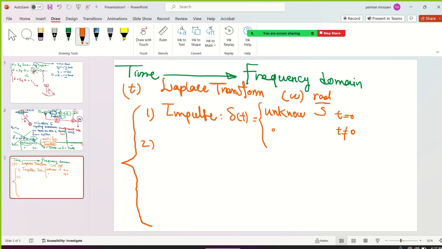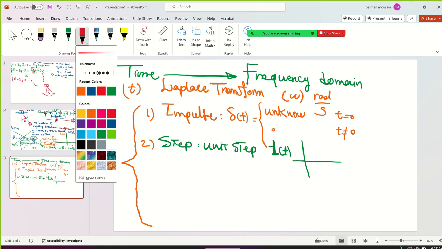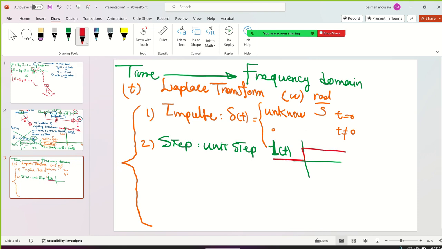Second, let me change the color, the step function. And the unit step that we're going to focus on in this class, we show as 1 of t, and we plot it like this. I'm pretty sure you have seen that. Here we go. Unit step, here is 1, and here's constant 1.